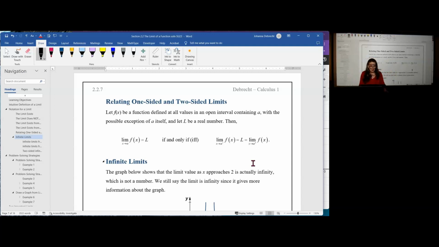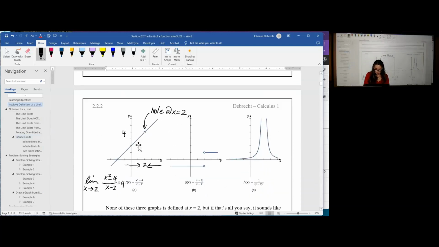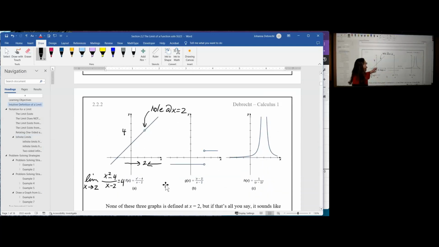So when we think about the graphs that we had earlier, remember that the limit existed because coming from the right and coming from the left predicted the same y value. When coming from the right and coming from the left predict a different y value, the limit does not exist.